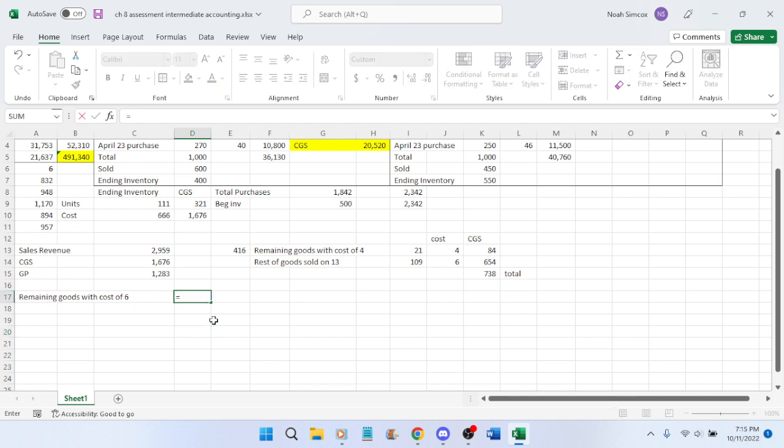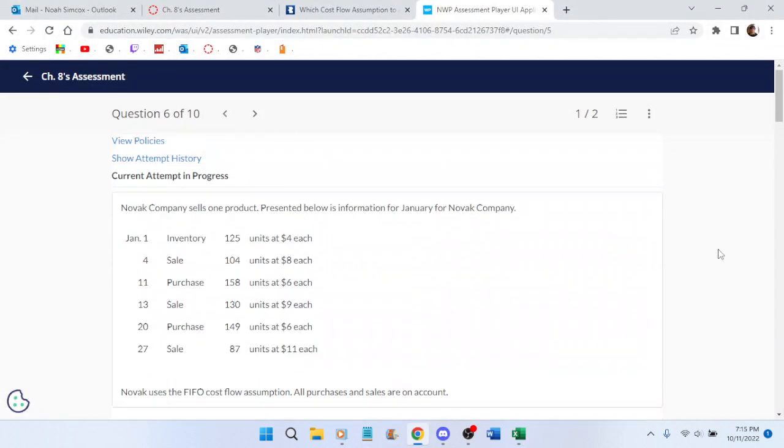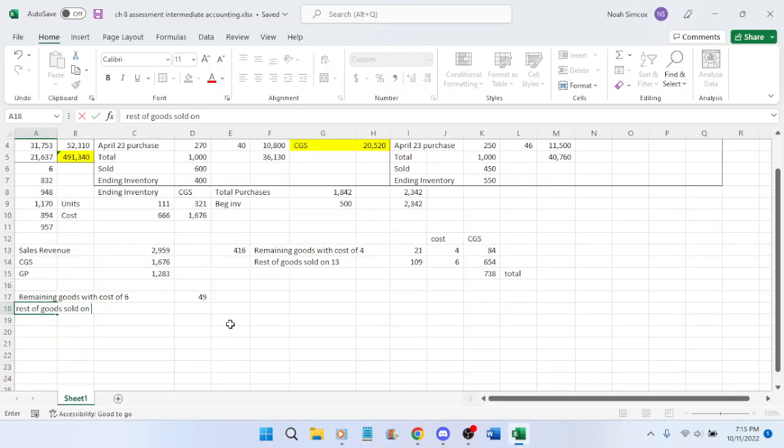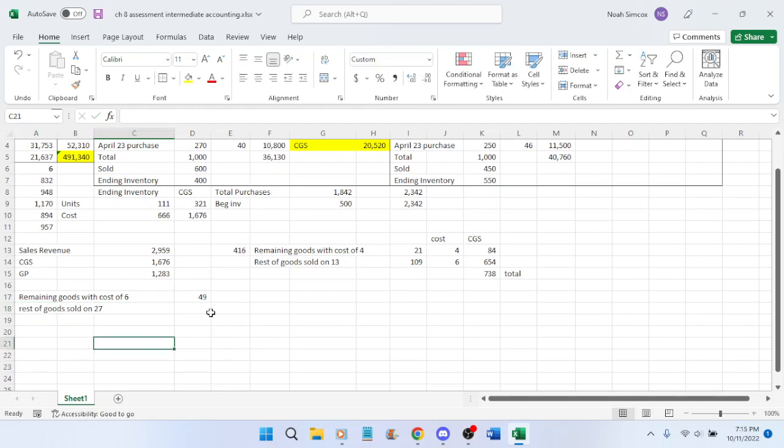This equals 158 minus 109. So they sold 49 goods. Rest of goods sold on what day? On the 27th. So, and the cost is 6 on this.